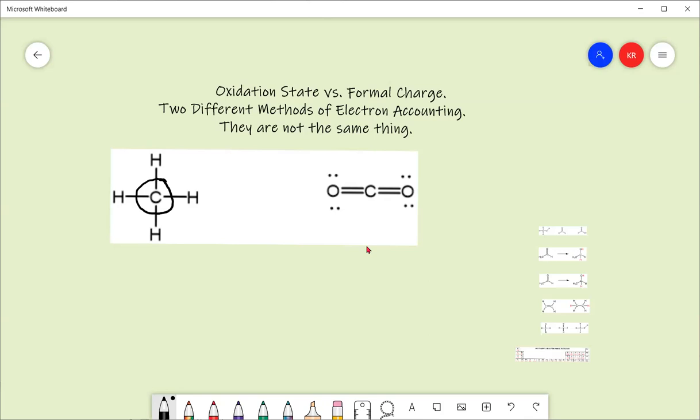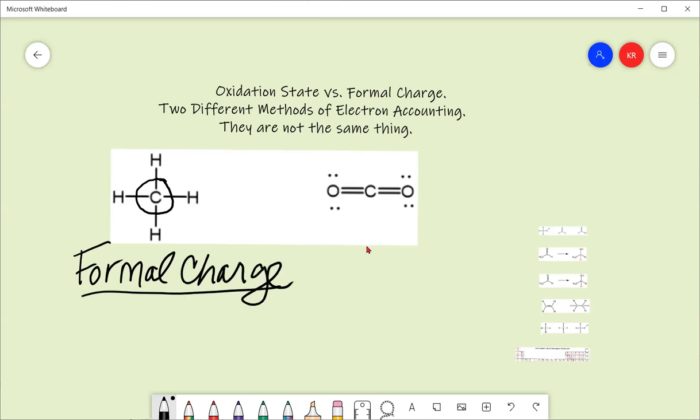For this carbon, that would be 4 electrons I'm assigning to carbon. This is how we calculate the formal charge. I take the group number, which is 4, minus the number of electrons that I assign to that carbon, which is 4, so that's equal to 0. My formal charge is 0.